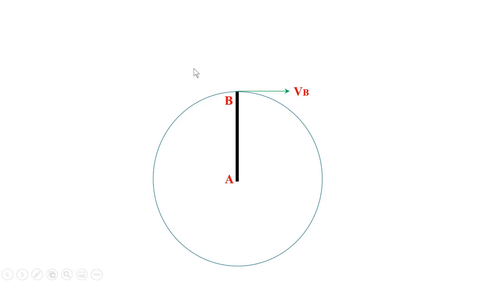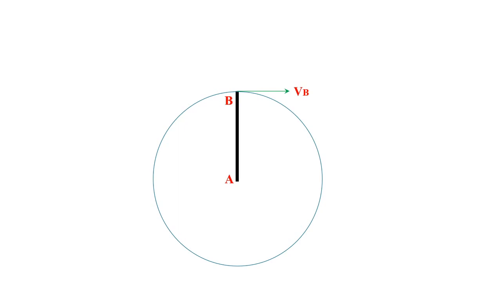This is clear, right? This is the velocity at this point, and it is called VB because B is the moving point. A is not a moving point, it is fixed. We can also call this VBA, which means the velocity of B with respect to A. That is the usual representation of relative velocity.